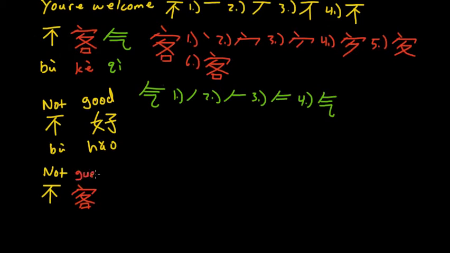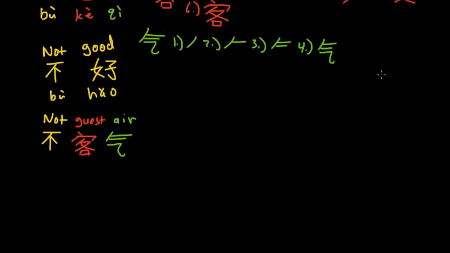It can have multiple meanings, but mostly it's used as guest. And chi actually means air. So you might wonder how air has anything to do with you're welcome. But hopefully my explanation will help you guys out.